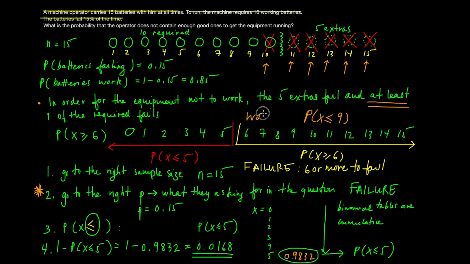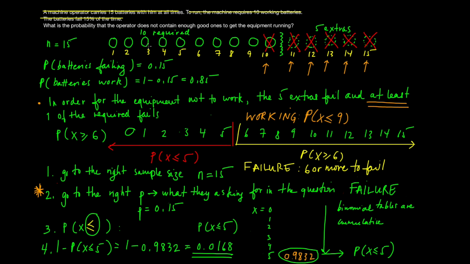This is if I'm using the probability of the batteries working, okay? Because if 6 or more have to fail for the equipment to not work, then out of 15, what does that mean? That means that 9 or less have to work in order for the equipment to fail, right?